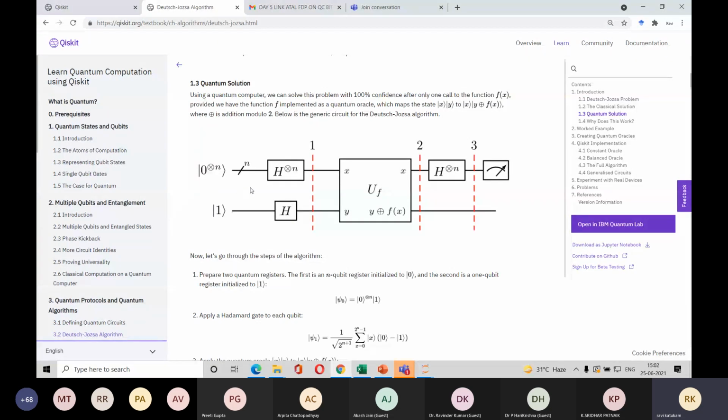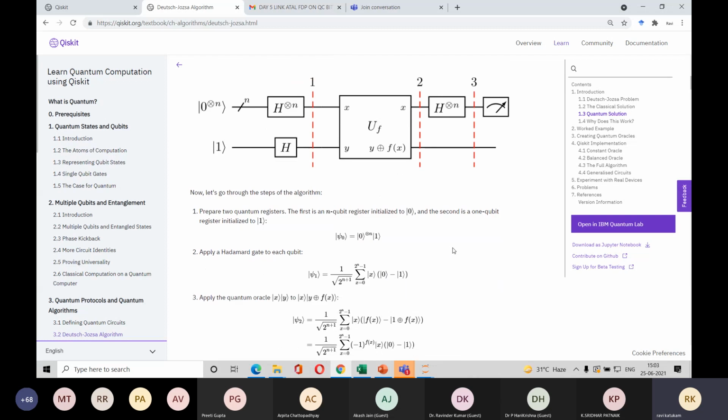After this, you apply the n qubits after applying the H gate, and the qubit in minus state, to the oracle. This entire box is the oracle. Then you measure the output of the n qubits where you applied the H gate, and that will solve your problem. That's what it is said.